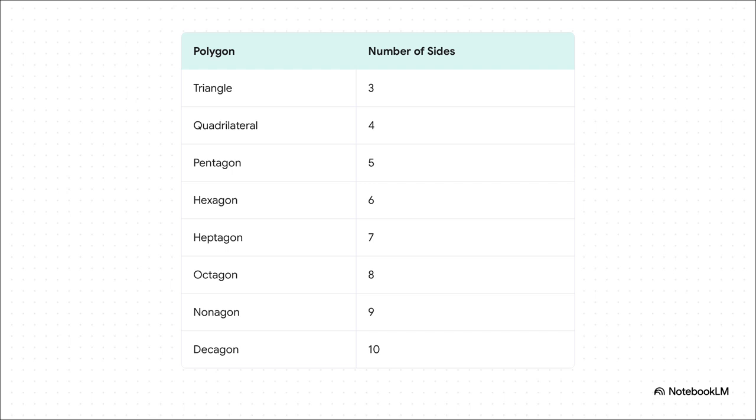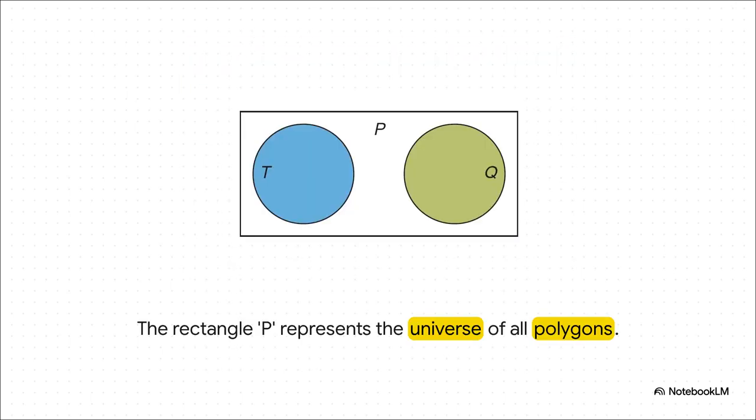This chart here lays out the most common members of the polygon family. Another way we can think about this is by organizing these shapes using set theory. So in this Venn diagram, that big rectangle, the one labeled P, represents the entire universe of all possible polygons. And then inside that universe, we've got these smaller, more specific sets of shapes.